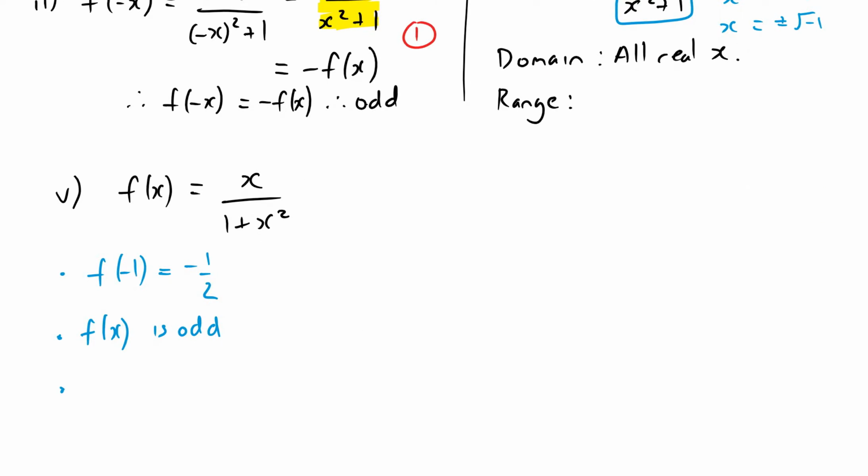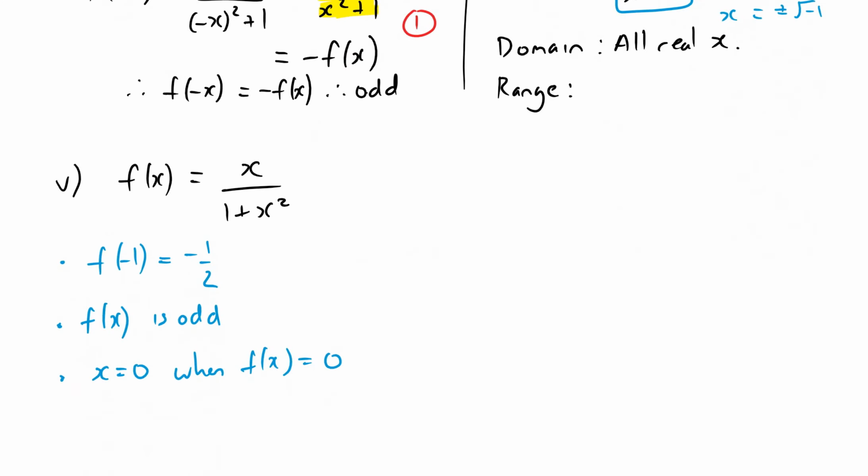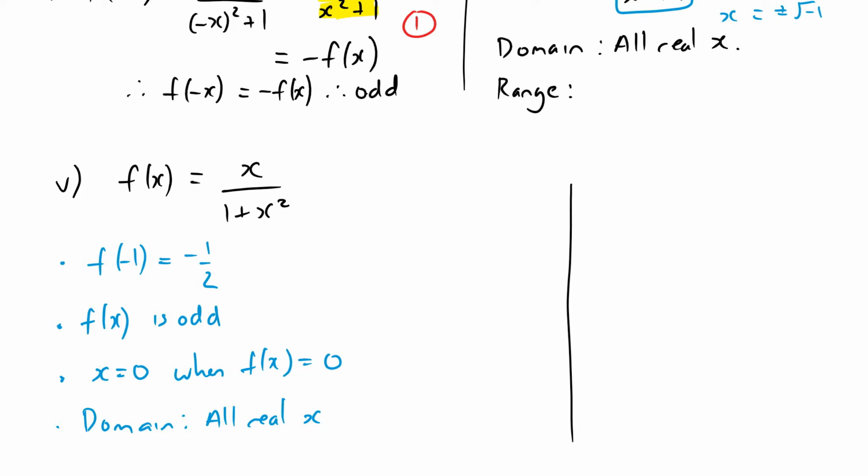Okay, so I know that x is equal to 0 when f(x) equals 0. And I also did the domain, at least. Okay, so let's go through all this information and see if we can put anything on our graph yet.